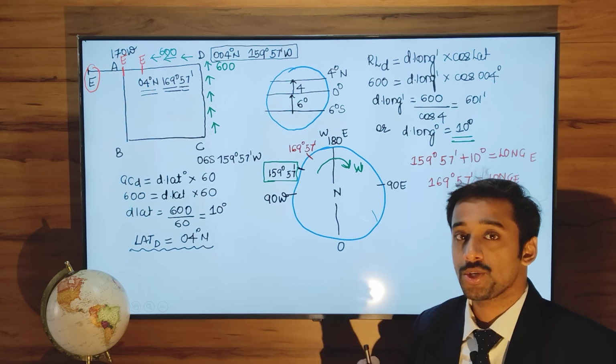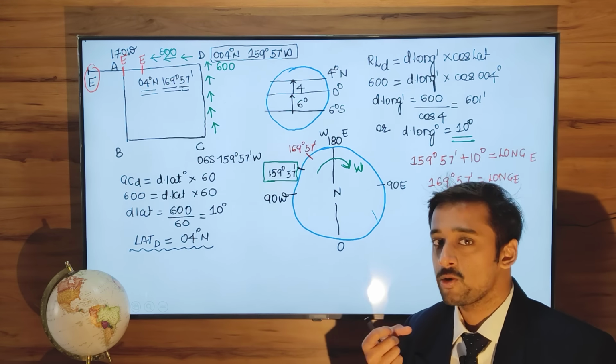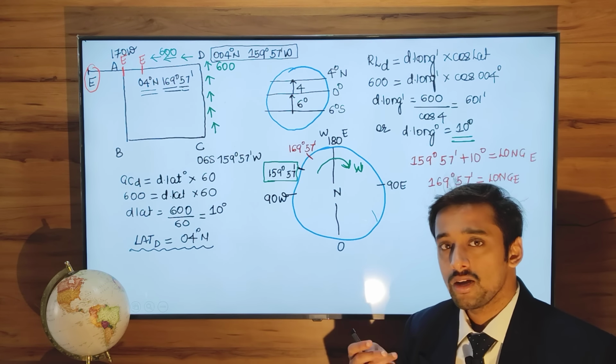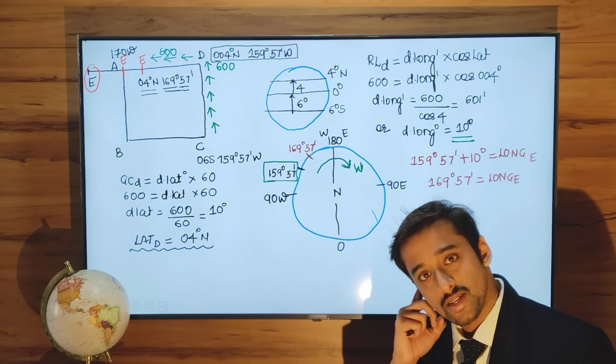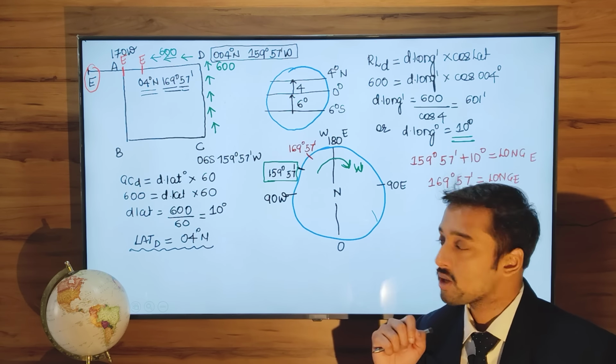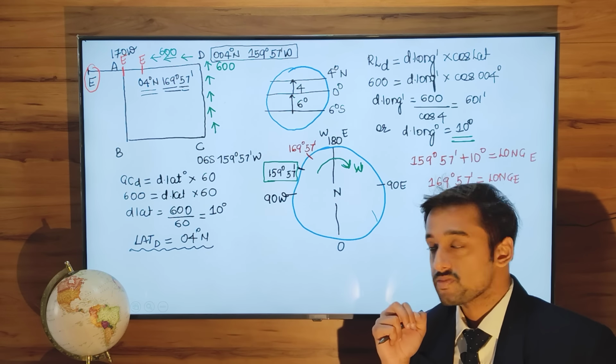If you have reached a latitude which is less than 6 degrees, that new latitude, which is lesser in value, will have lower convergency, and lower convergency means the distance will be more than the distance between these two longitudes.